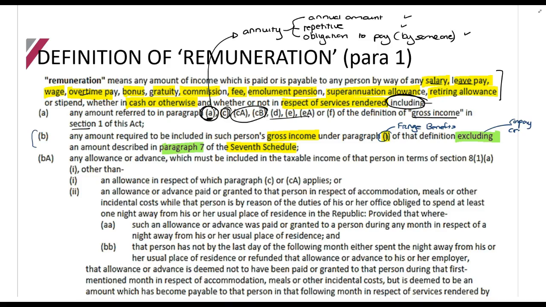Right? Then they say it also includes any allowance or advance which must be included in the taxable income of that person in terms of section 8(1)(a). Right, so any allowance that you received. But then they say other than, so it means excluding, an allowance in respect of which paragraph (c) or (cA) applies, alright, that's fine for now.